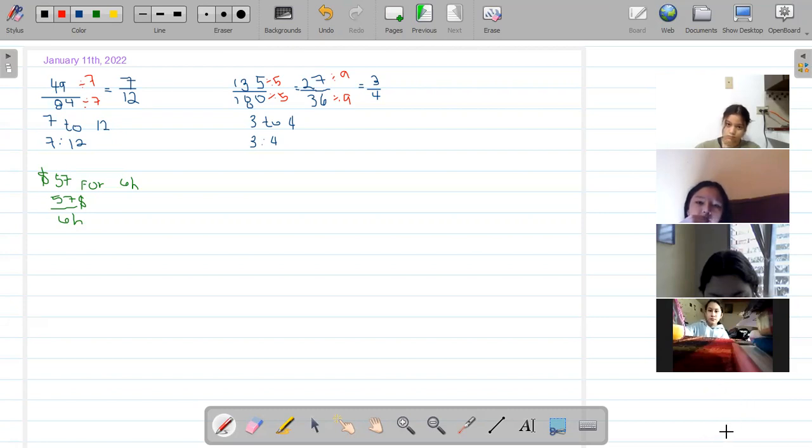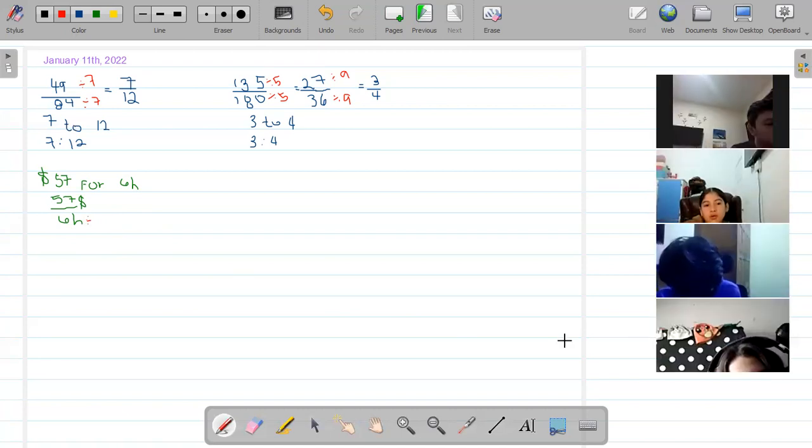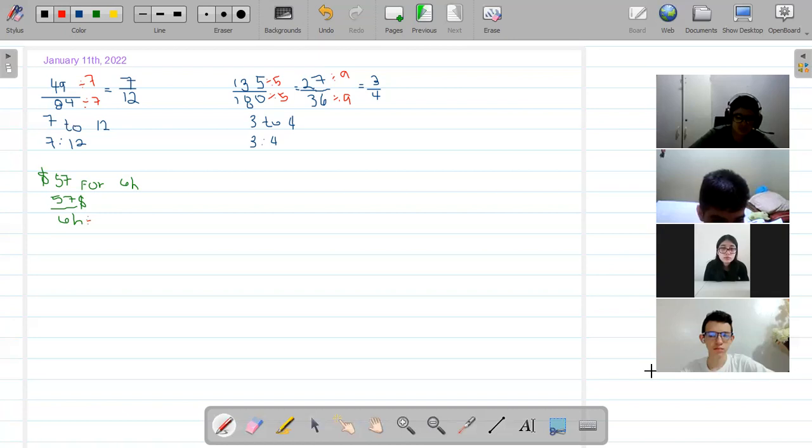Remember, unit rate is a rate that has a denominator of 1. So I need to make this 6 a denominator of 1. If it's a 6, how does it become a 1? Dividing by what number? By 6, by itself. And whatever I do in the denominator, I need to do in the numerator.